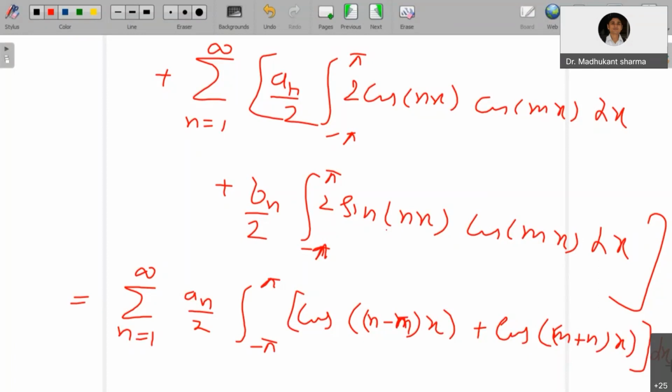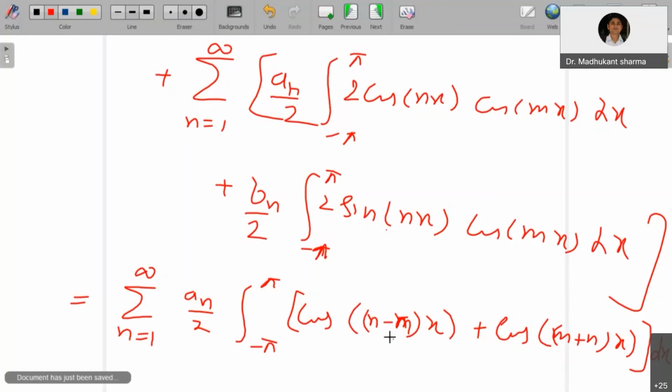Now, see, everything is fine. Everything is fine whenever m is not equal to n. Because if m is equal to n, this becomes 0. Cos 0 is 1 and this will lead to a non-zero number, 2 pi.